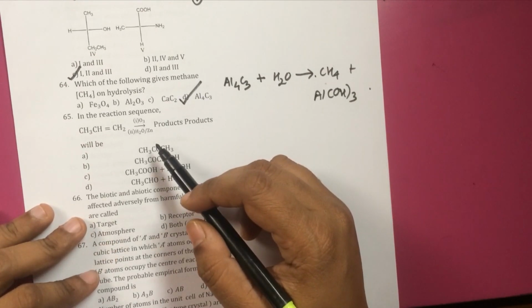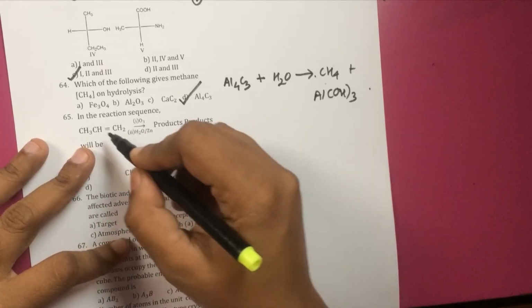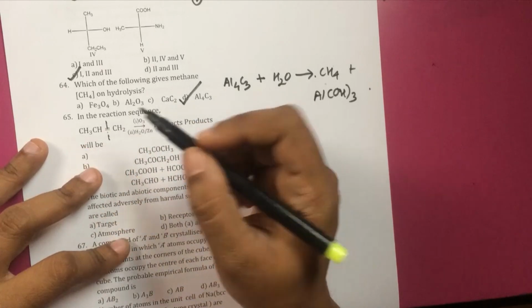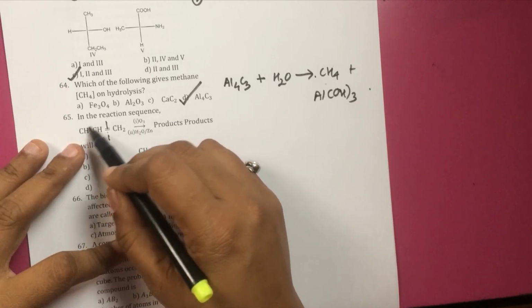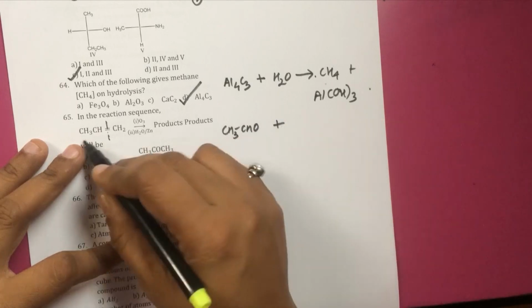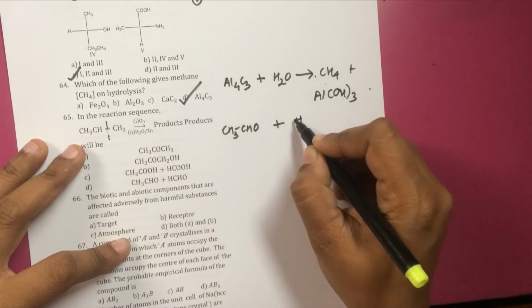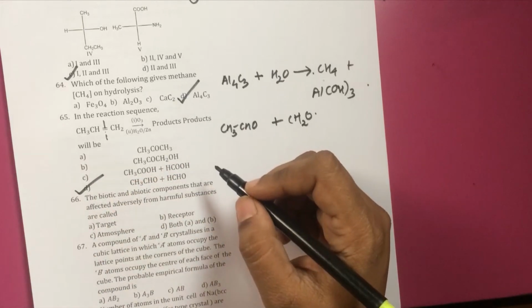In the reaction sequence, the product obtained is, in this case, ozonolysis takes place at the double bond and the two parts give the corresponding carbonyl compounds. So this will give acetaldehyde, and this will give formaldehyde. Therefore option D.